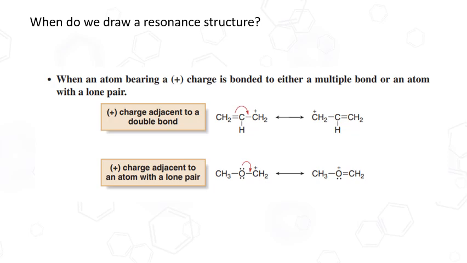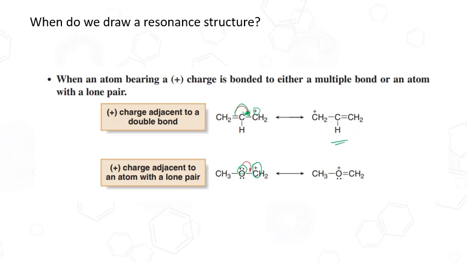So what happens when there is a positive charge and a multiple bond? That multiple bond, because you know that's extra electrons, will try to compensate and get rid of that positive charge right there. So that is the possible movement, and you get a resonance form. In this case, you have a positive charge next to an atom with a lone pair.